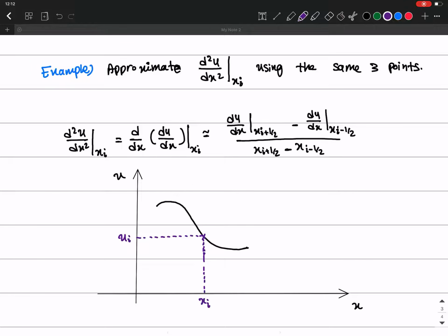And the other thing I'm going to show here is xi plus 1/2, and roughly here xi minus 1/2.